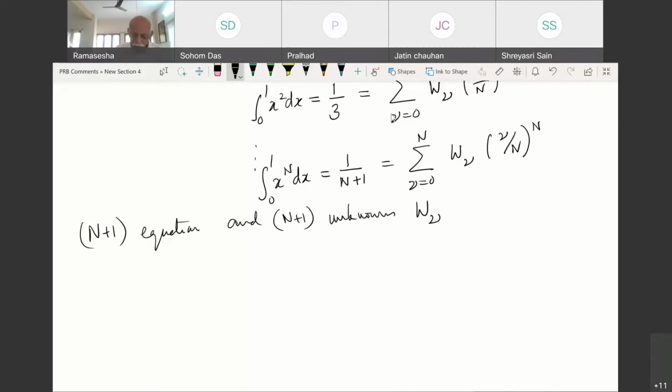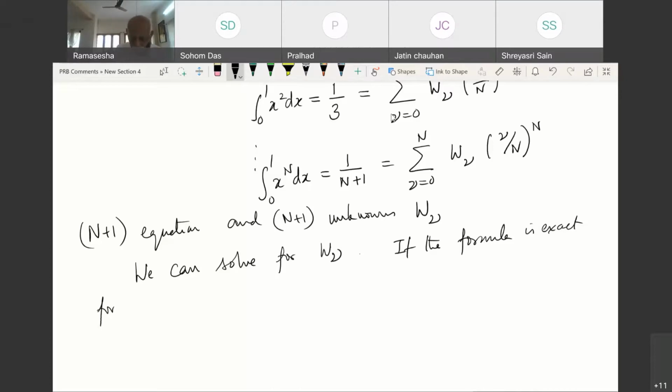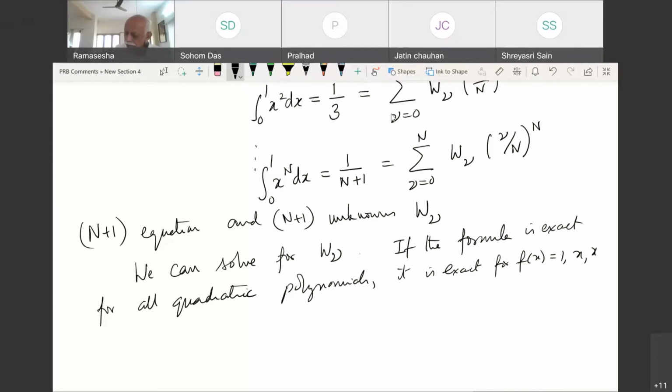So we can solve for W. For example, with a quadratic, the formula should be exact for all quadratic polynomials, that is, for f(x) equal to 1, x and x squared.